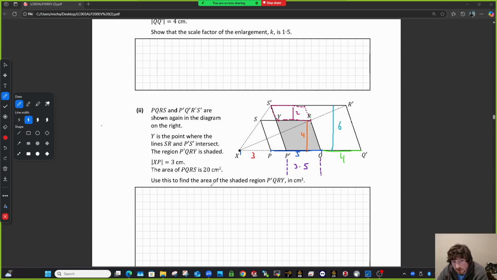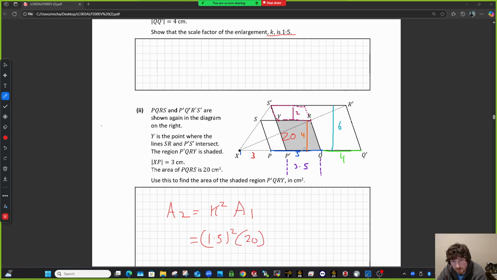In 1 dimension, if your scale factor is k, then in 2 dimensions, in terms of area, area 2 would be equal to the first area multiplied by k squared. So you had to know that 2D scale factors are k squared. So if the area of the small parallelogram was 20, then the area of the big parallelogram is equal to 1.5 squared times the small parallelogram.